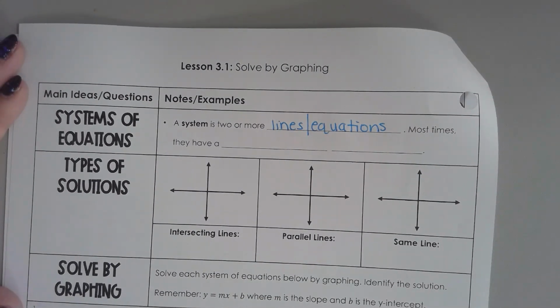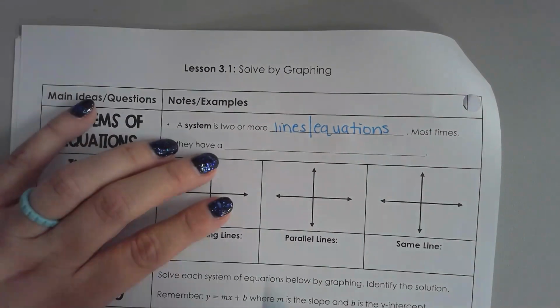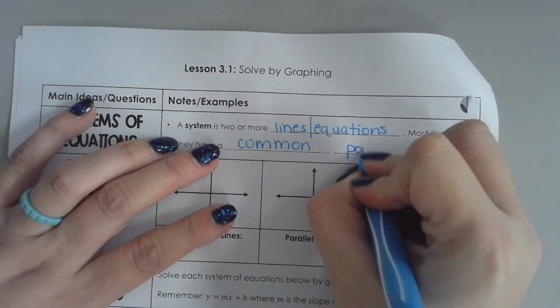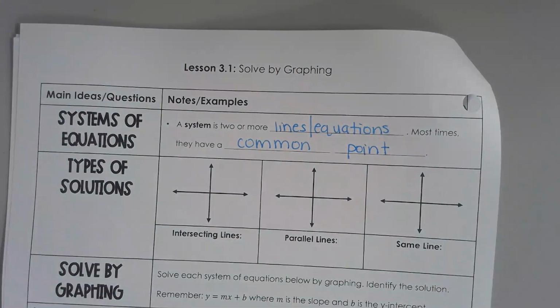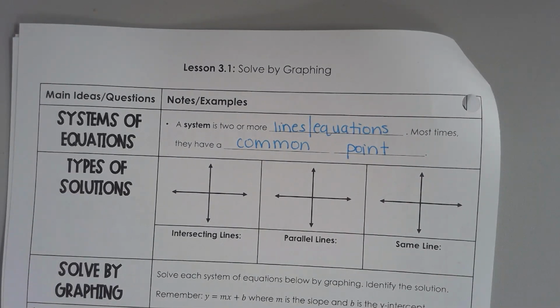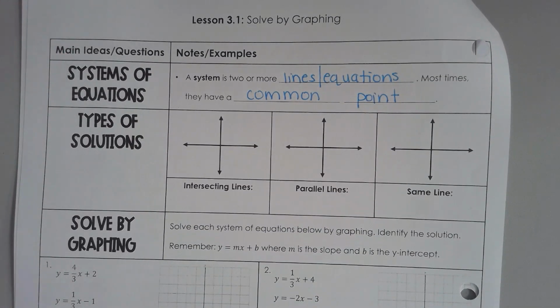Most of the time, if you have two equations, they have a common point or an intersecting point. Not always, but most of the time they do cross once. Those points where they cross are called the solutions. So if I say, what's the solution? I'm asking for the point where they cross.